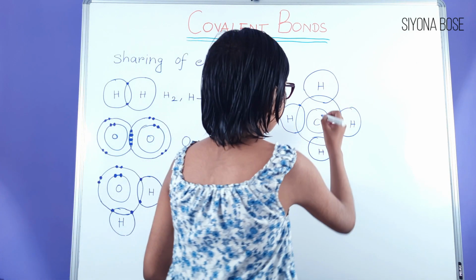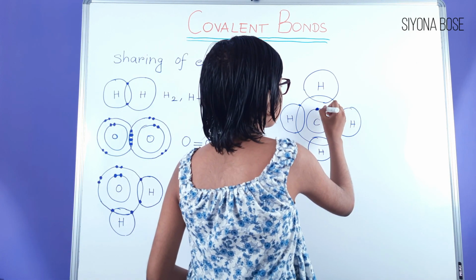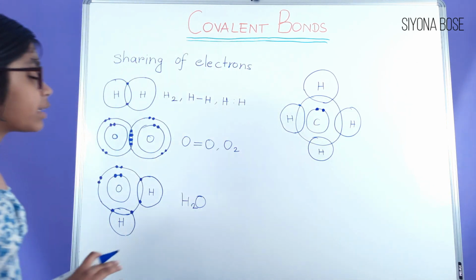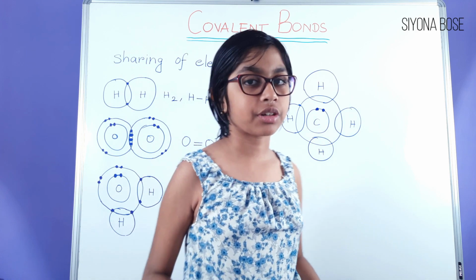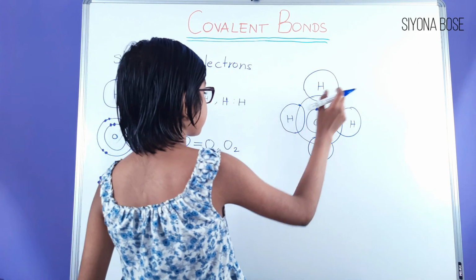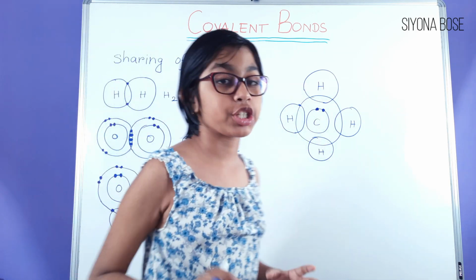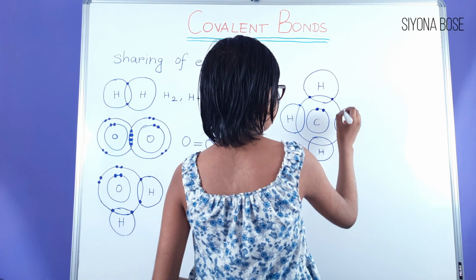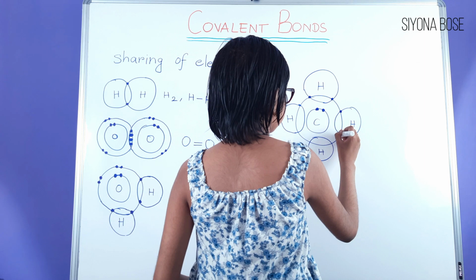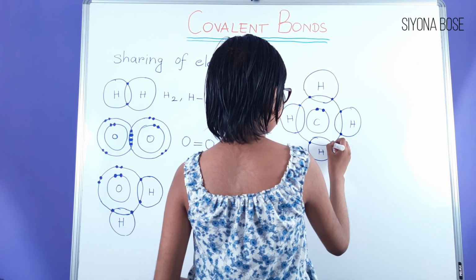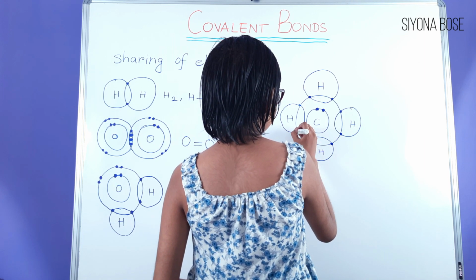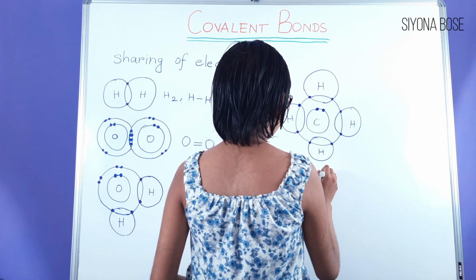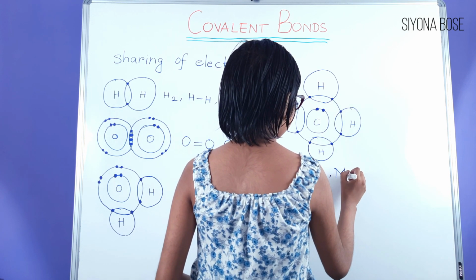Inside we have obviously 2 electrons in the first shell of carbon. Carbon has 4 valence electrons, and here there are electrons from each of the 4 hydrogen atoms. So the sharing occurs like this. This is CH4, methane.